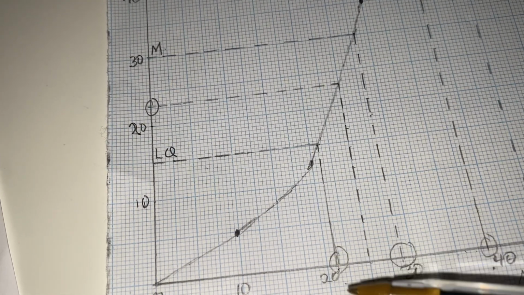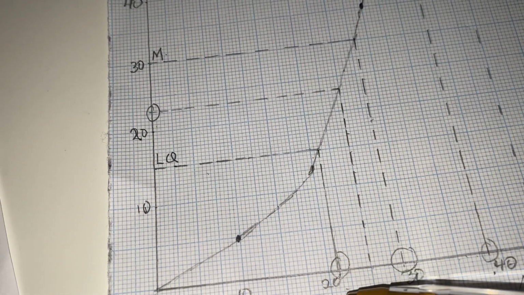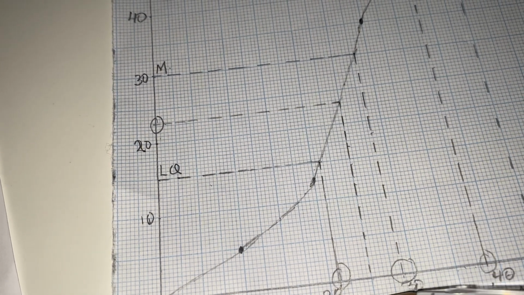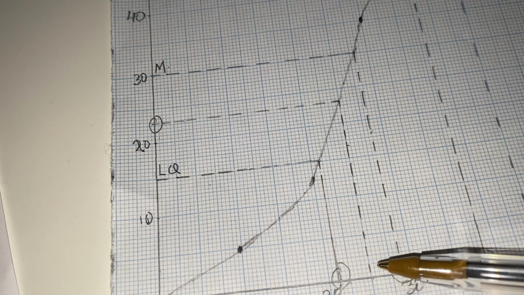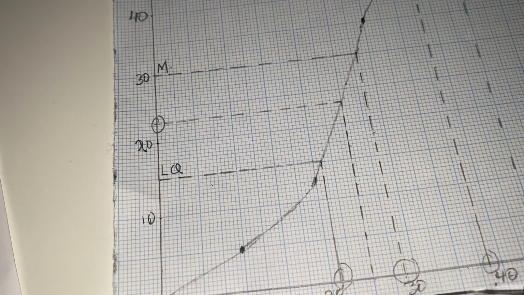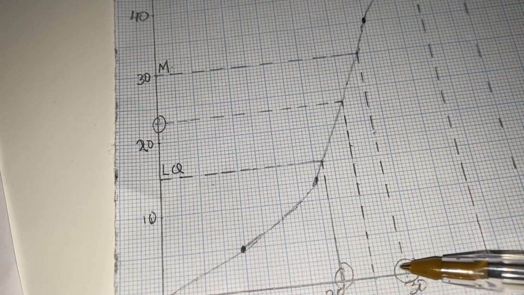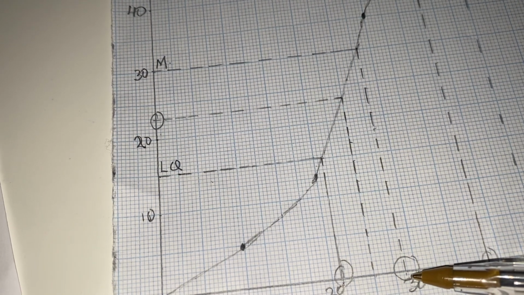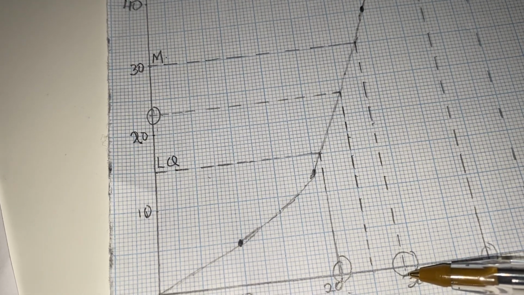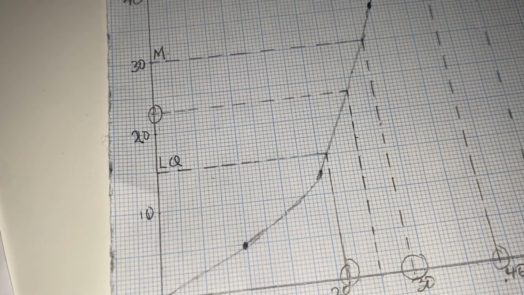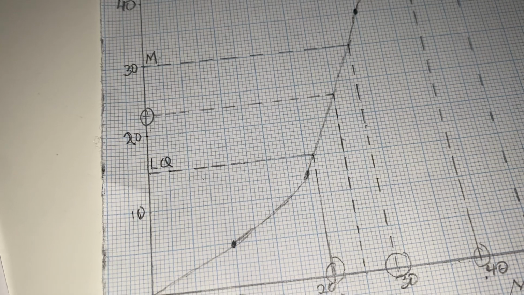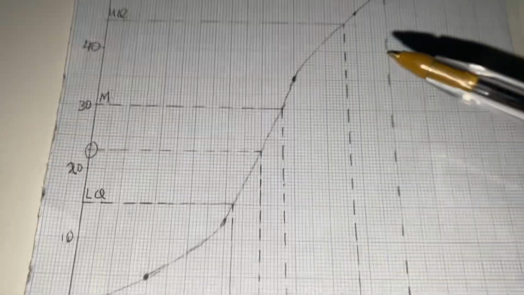If you can see, that is 20, halfway is 25, so 2 boxes, 26. So this is about 29, or a little less than 29. In my notes I wrote 29 minutes there.